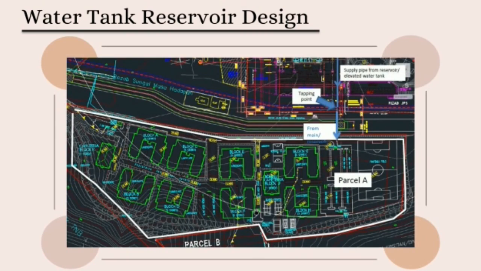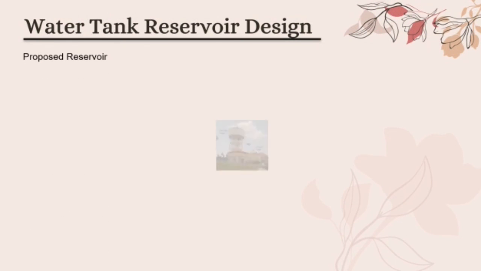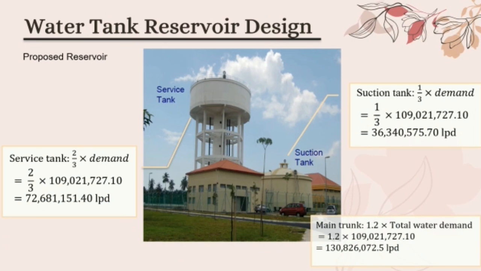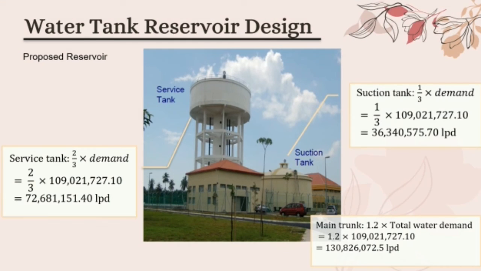As you can see, this is parcel A, which we need to design the water reticulation for. The reservoir consists of a service tank and a suction tank. The service tank is 2/3 multiplied by total demand, the suction tank is 1/3 multiplied by total demand, and the main trunk is 1.2 multiplied by total water demand.